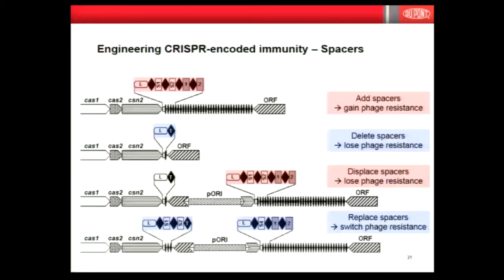And in this last example, we exchanged spacers between two strains, and we were able to swap the resistance profile between those two strains. So this really showed that it was the acquisition of novel spacers that provided immunity against those phages.